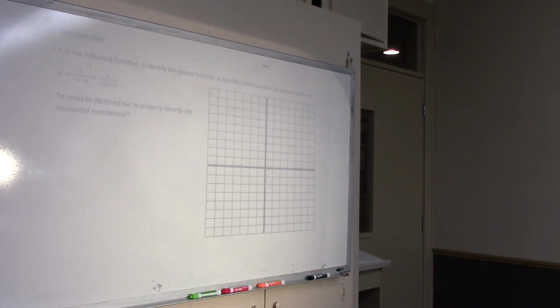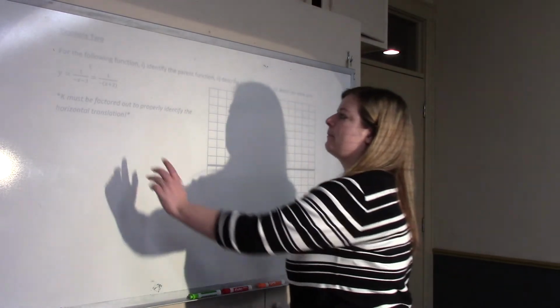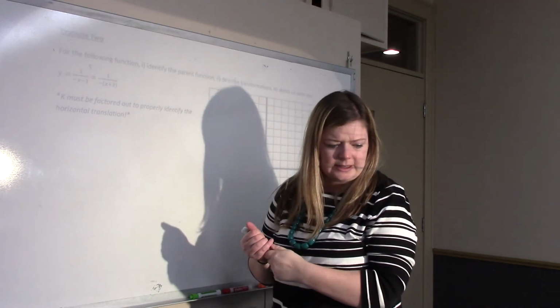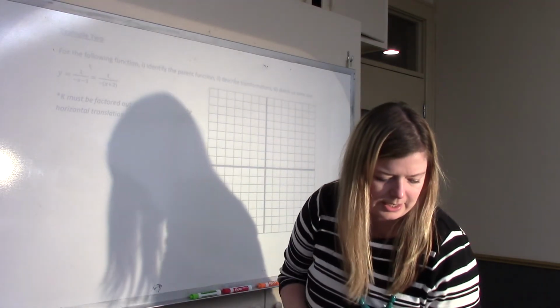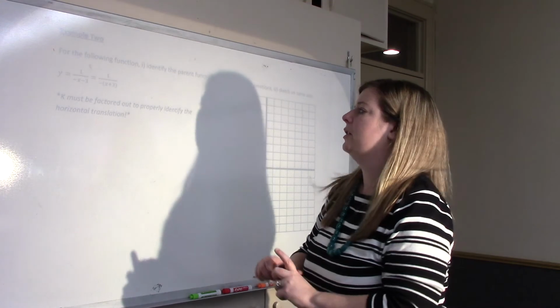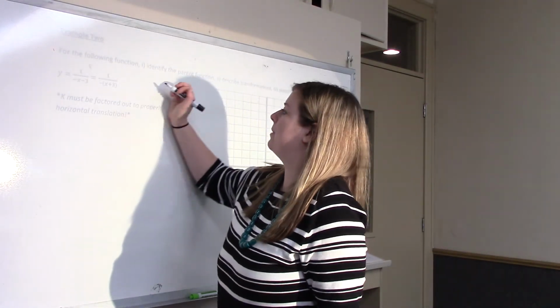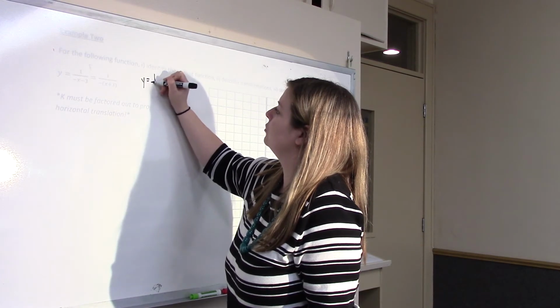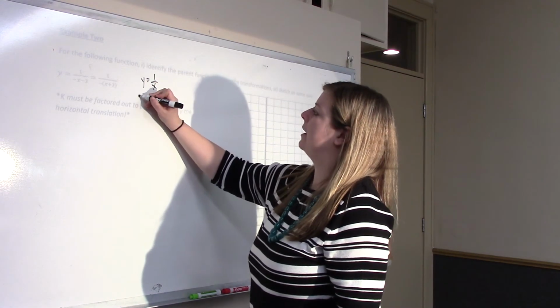Okay, example 2, I threw in here a d value of -3. Okay, so in this case, y equals 1 over x is the parent function. That's the parent.